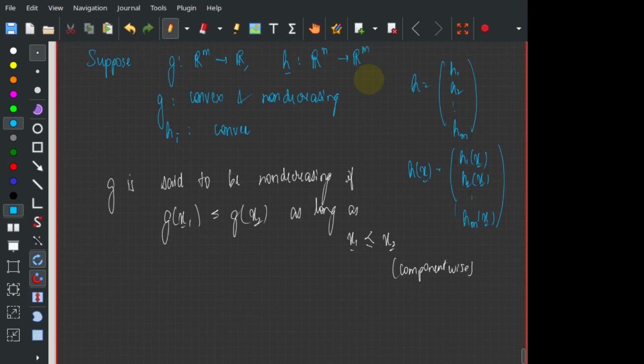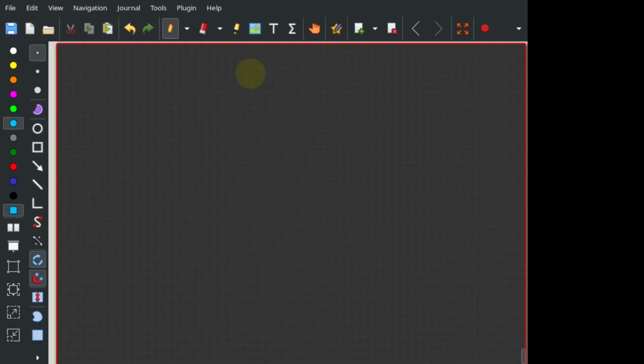One example, in machine learning, is the softmax function. You take an input, and define h of x as follows.